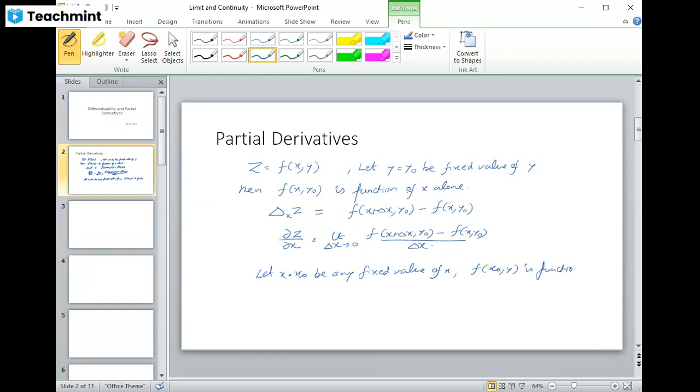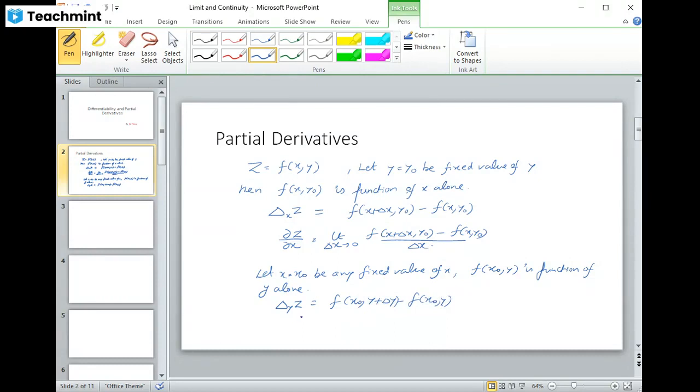In that case, if we consider the small increment in the direction of y, it is given by f of x naught, y plus delta y minus f of x naught, y. This is the partial increment of z with respect to y.